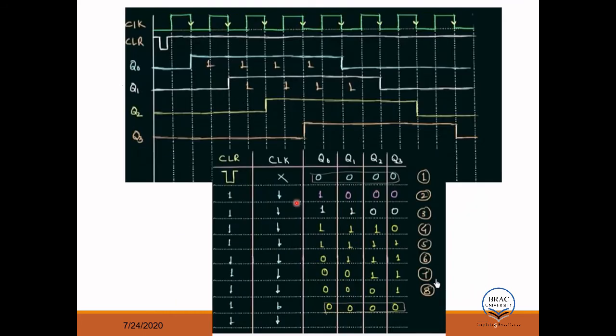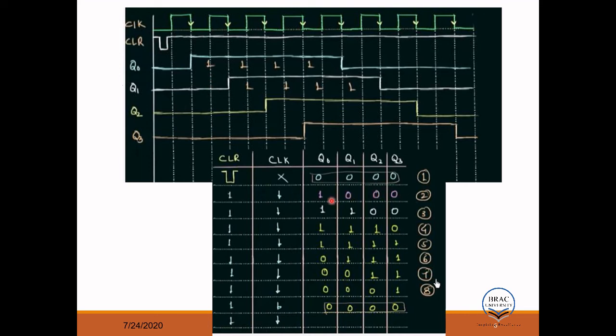Okay, so this is the truth table here. Initially, the first clock was 0 0 0 0, then 0 0 0 1.